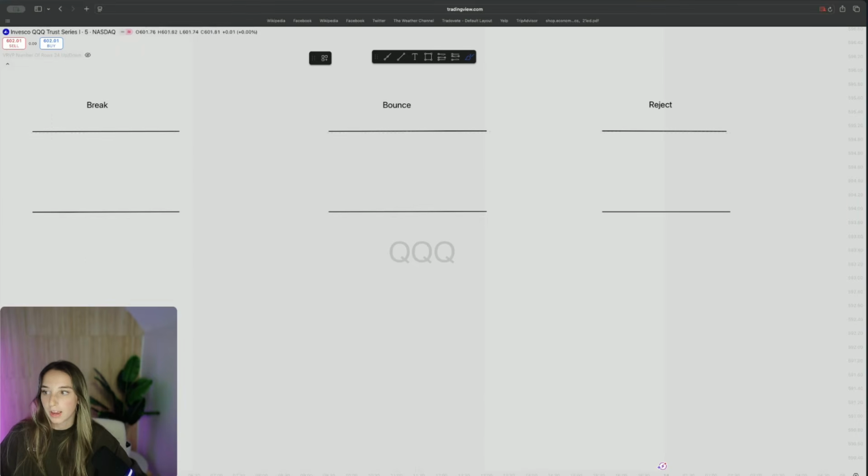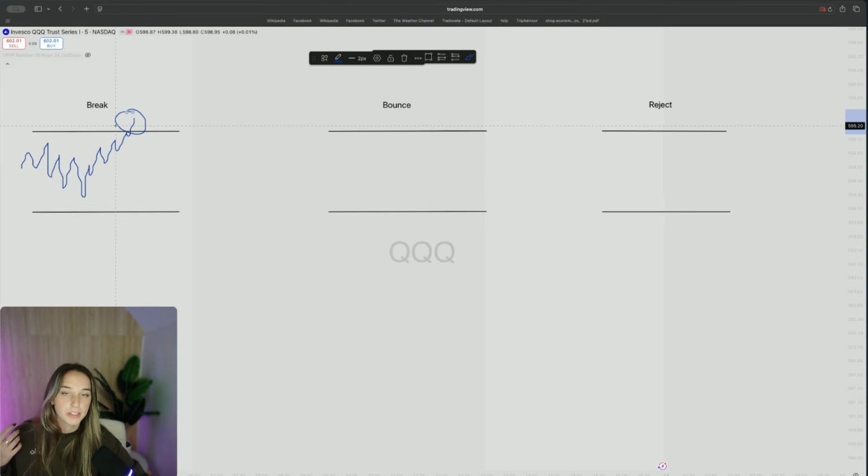For the break entry model, you can kind of guess where I'm going with this one. What I'm looking for is a clear break of our support or our resistance level. So let's say price is trading in between these two levels. I'm going to look for price to trade up into resistance and break above there. When price does break above, we want to make sure it's actually confirmed and it's not just a false breakout.